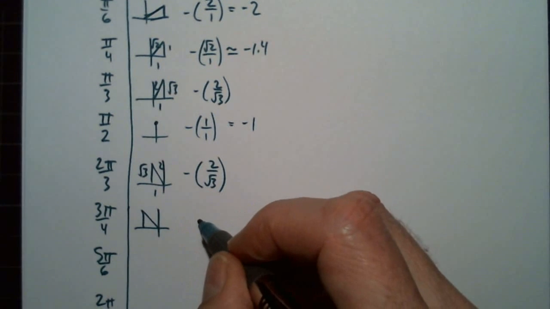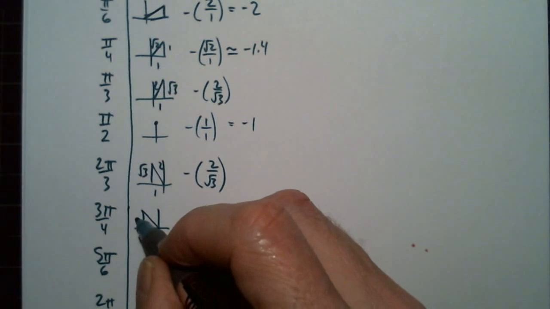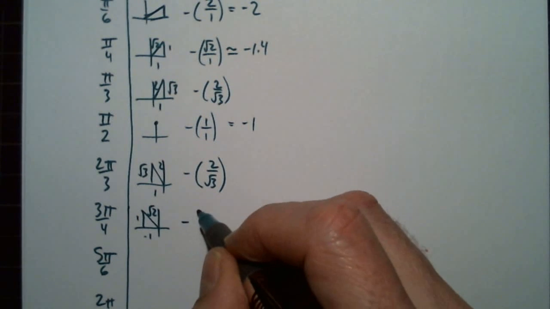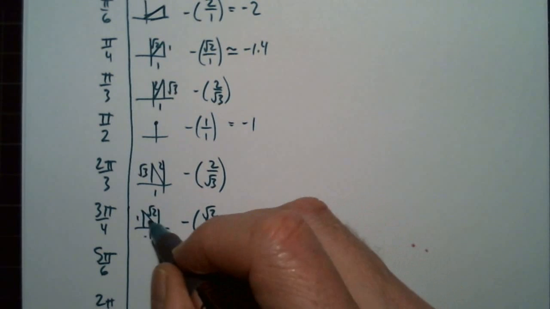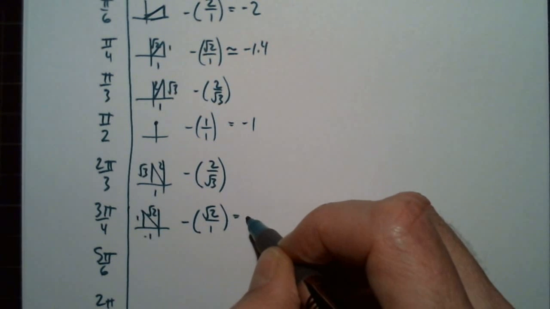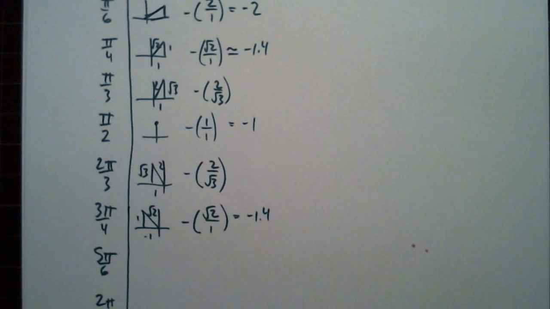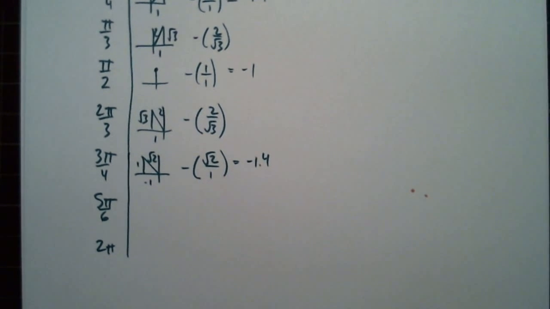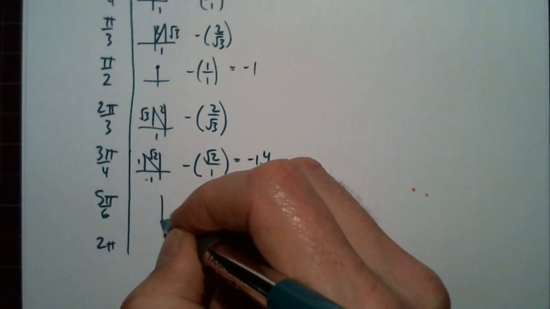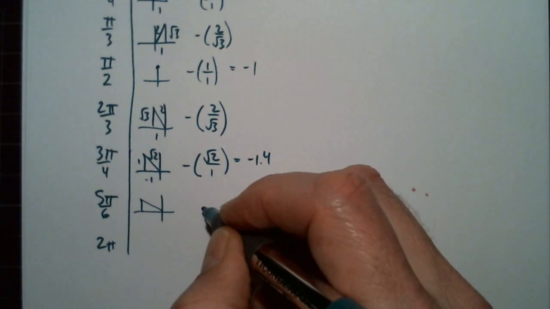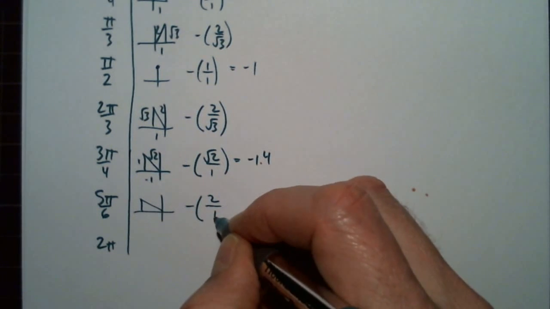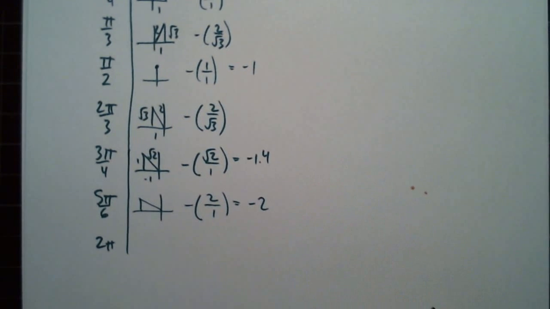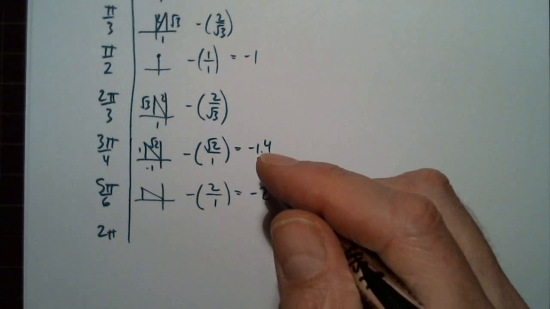Here we're going to have negative r over y, negative 1.4 approximately. And at 5 pi over 6, it would be radius of 2 with a y of 1, negative 2, and all the way to 2 pi.